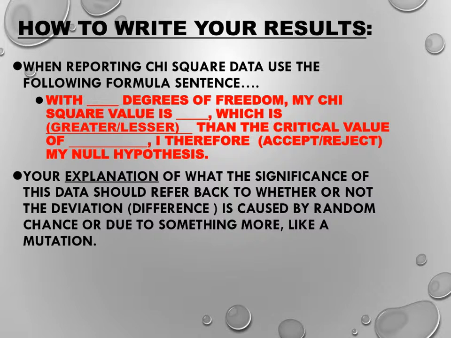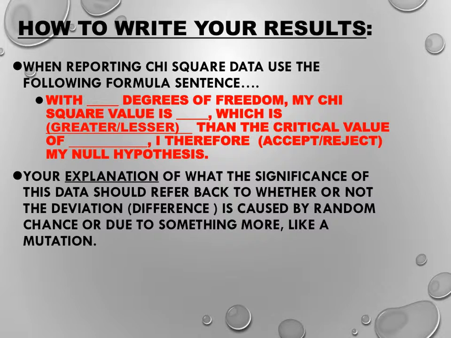You need to state what your chi-square value is. You need to determine if your chi-square value is bigger or smaller than your critical value. You need to state your critical value, and then you need to choose whether you would accept or reject your null hypothesis. Okay?